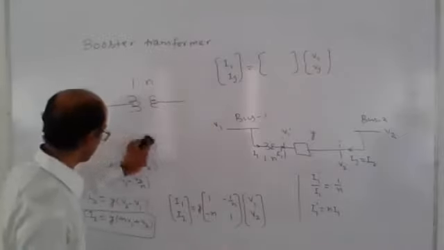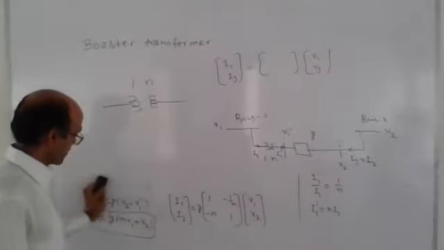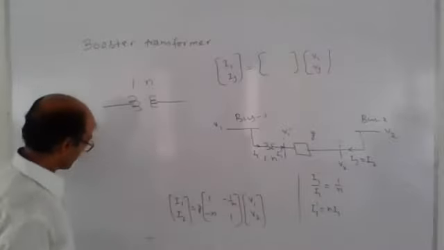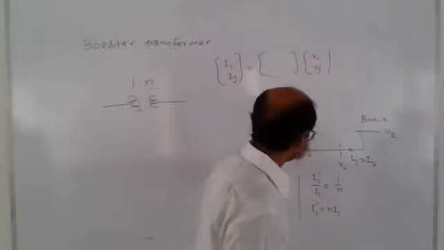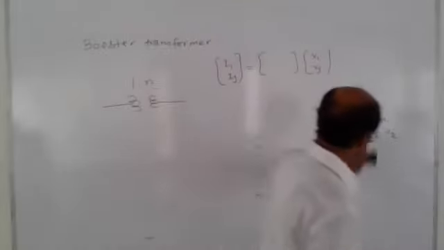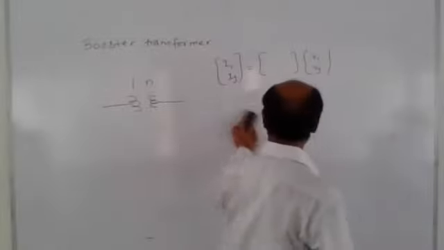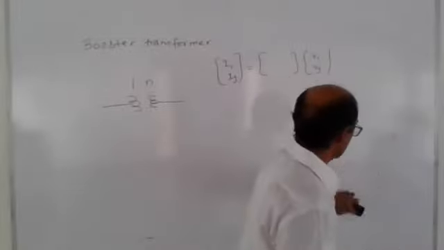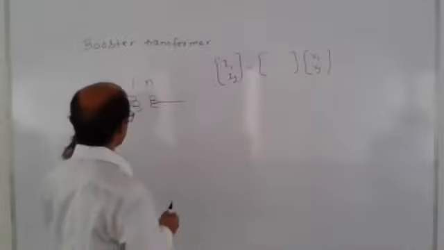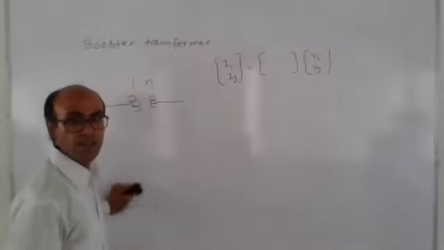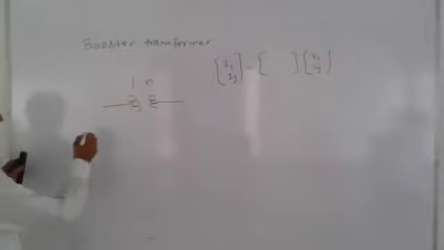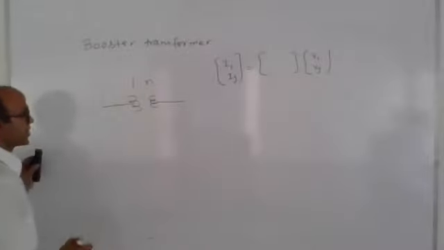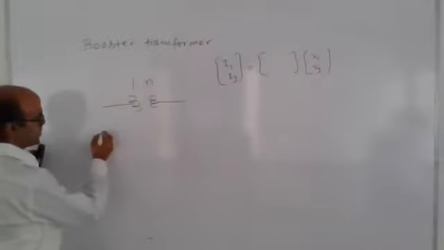Now we will get back to the booster transformer. So how to analyze a booster transformer? To analyze the booster transformer, I will consider this as n dash. So I will break this up into two terms.